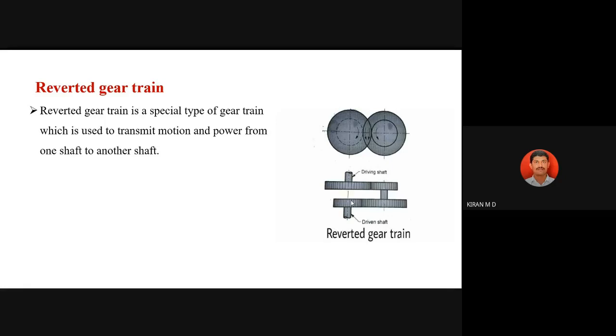Again it is connected from larger to smaller, and the speed will increase. So we can increase the speed to 1 revolution per minute. Both the shafts are on the same axis, so we can use this for watch-type applications. Is it clear?